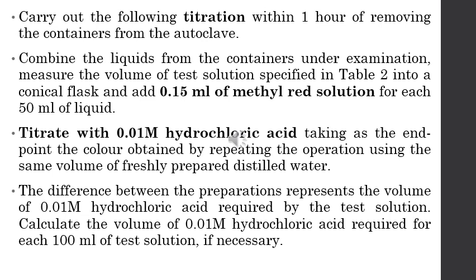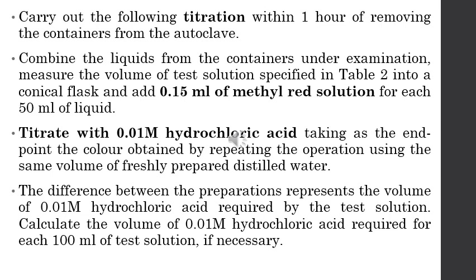So that volume we have to take depending upon the capacity of the container, and then we have to add 0.15 ml of methyl red solution for each 50 ml of liquid, and then titrate with 0.01 molar hydrochloric acid, taking as the endpoint the color which is obtained by repeating the operation using the same volume of freshly prepared distilled water. That means we have to carry out a blank titration also.